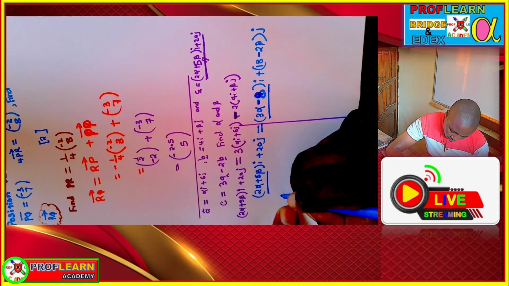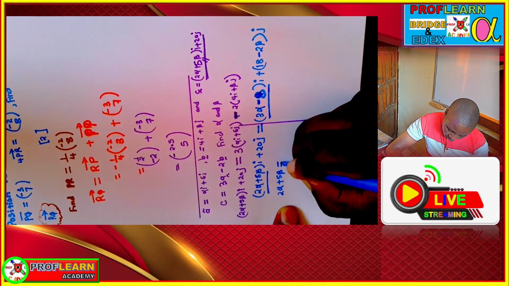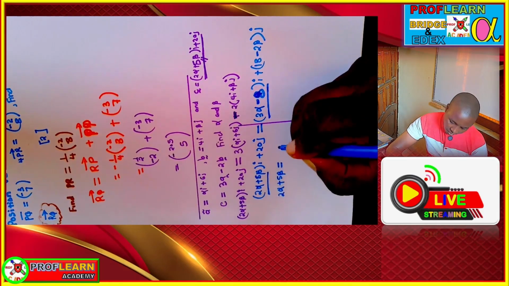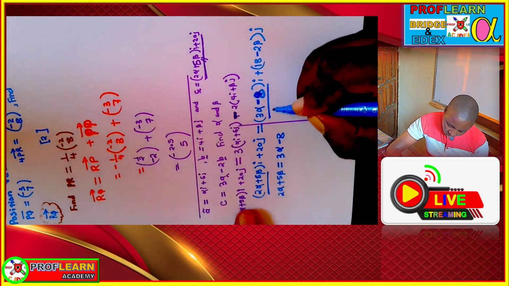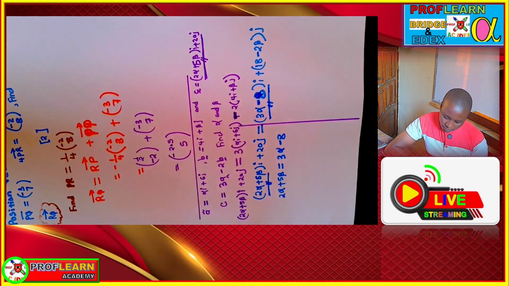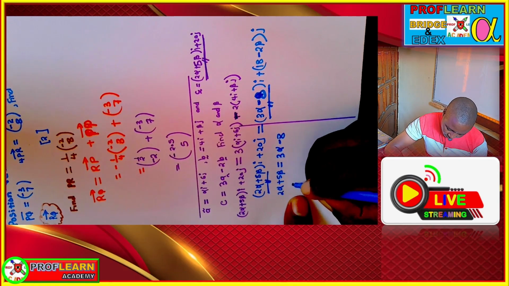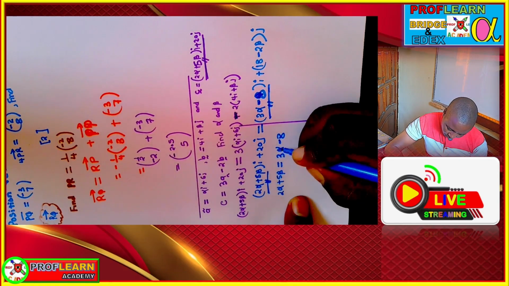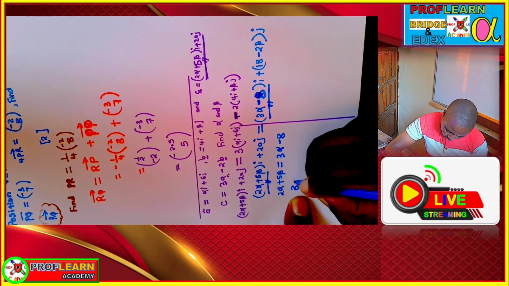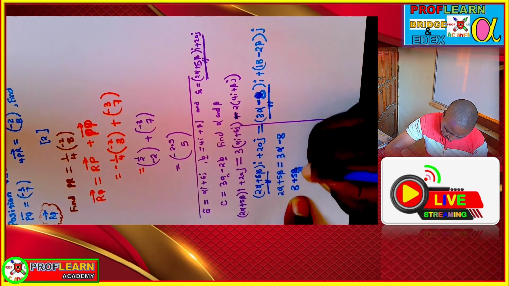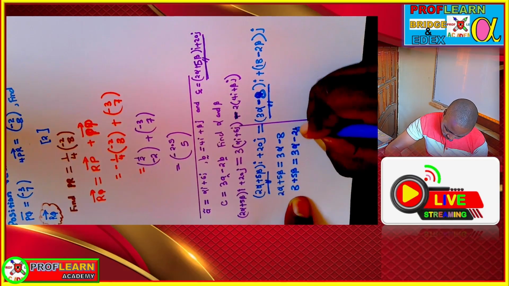This is going to be 2 alpha plus 5 beta must be equals to 3 alpha minus 8, because i and i should be equated, and then we can take 2 alpha there, so that we can say this is going to be 8 plus 5 beta is equals to 3 alpha minus 2 alpha.